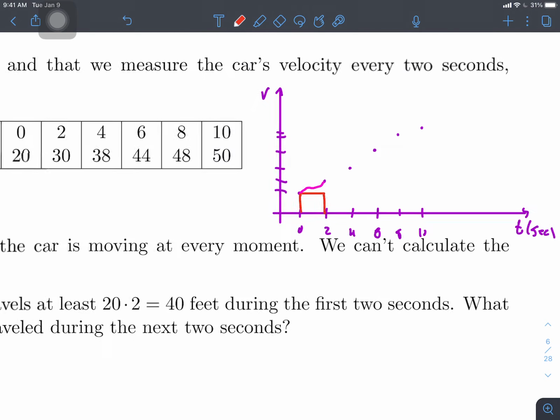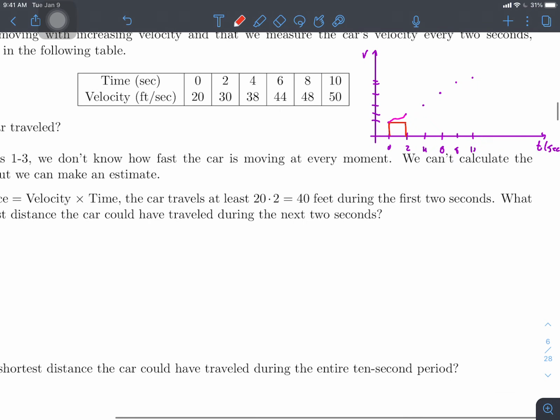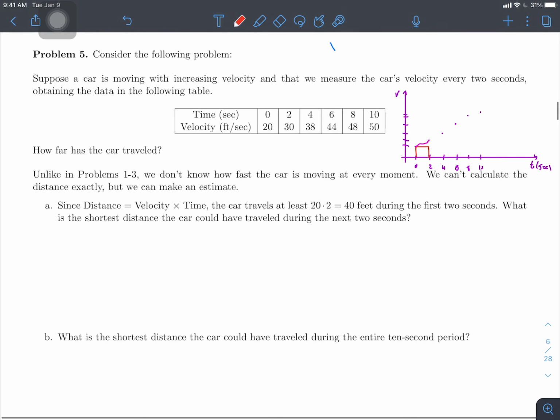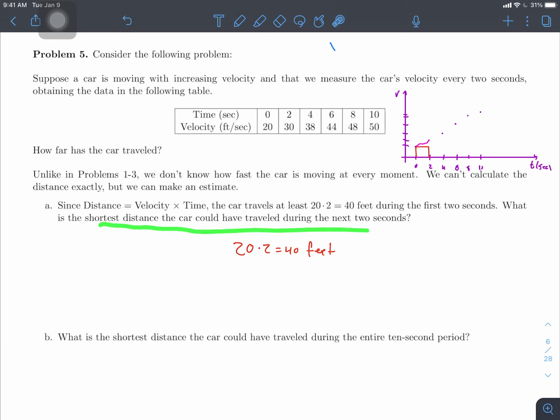Okay, so the area underneath that guy is just gonna, of course, be 20 times 2 equals 40 feet, right? That is the smallest amount of distance that the car could have traveled in the first section. Oh, then we're supposed to say in the next 2 seconds.